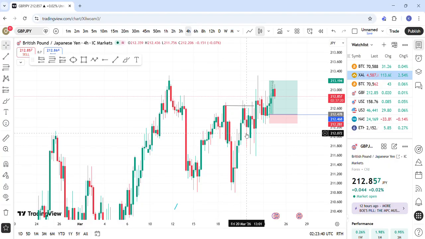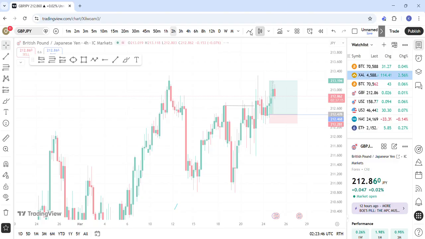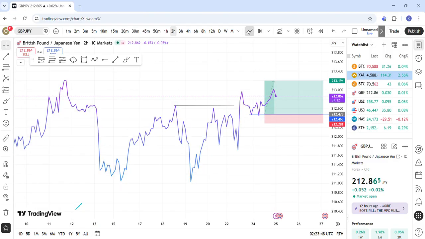So all I did to get this trade was, on the 2 hour, I switched to the line chart and saw what I told you. Though it didn't happen textbook exactly the way I drew it there, it's just about you understanding the concept.